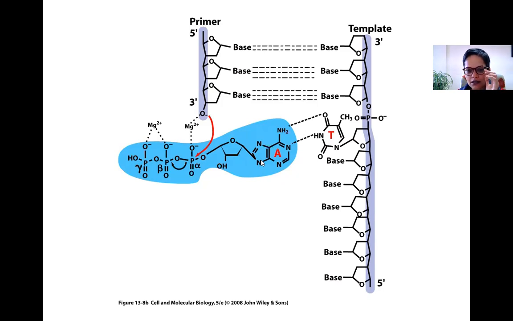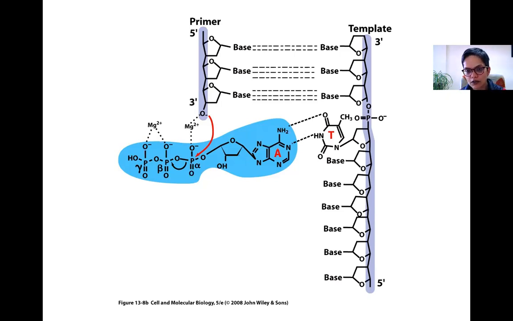Now, in the event that an incorrect nucleotide does come in, these polymerases have a very interesting function, which is an exonuclease function. So they are actually capable of going back and cutting the phosphodiester bond so that the incorrect nucleotide is actually discarded.